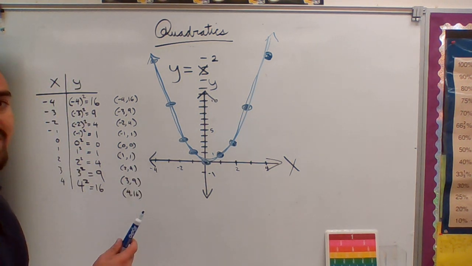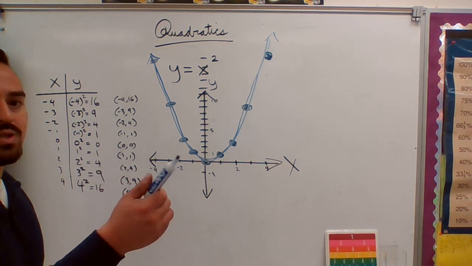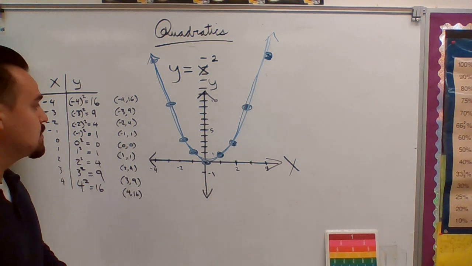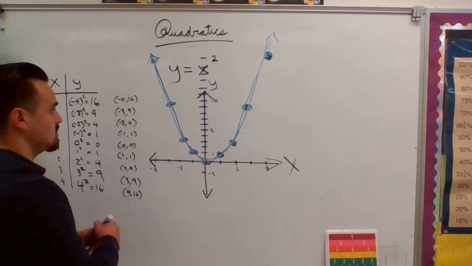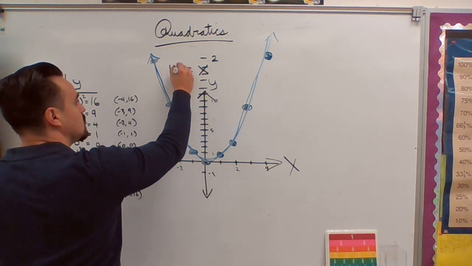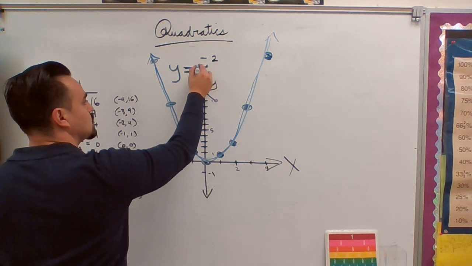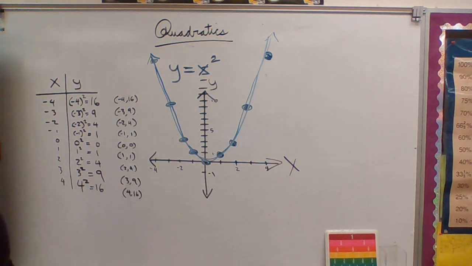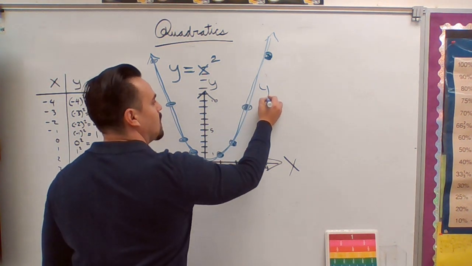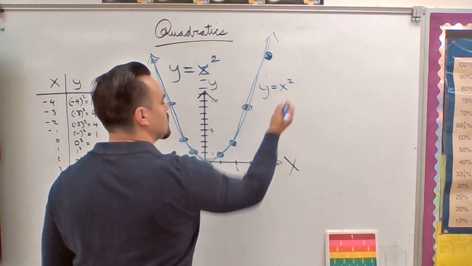You got this quadratic relationship visualized graphically. So I just wanted to leave you guys with that. The most basic, let me trace it over in blue. The most basic quadratic is going to be x squared. Y equals x squared.